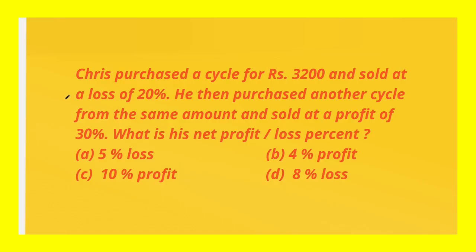We go to the question. Chris purchased a cycle for rupees 3,200 and sold it at a loss of 20%. He then purchased another cycle for the same amount and sold it at a profit of 30%.